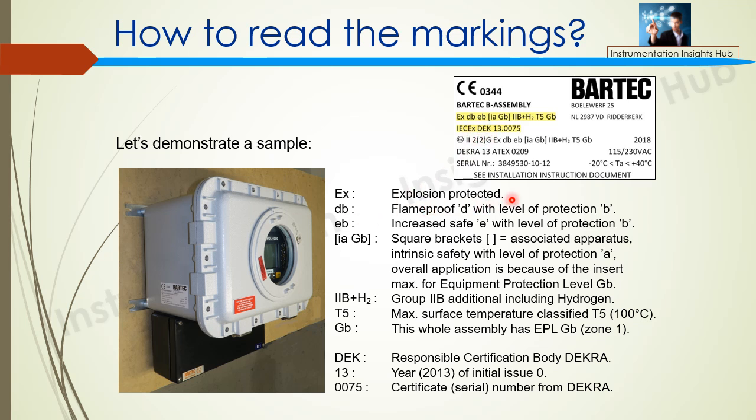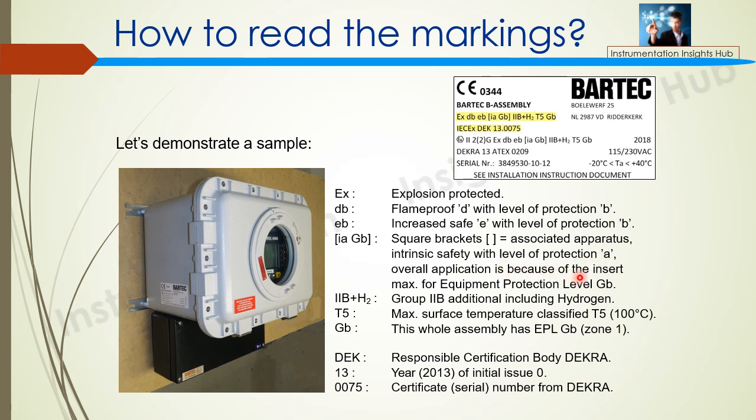Ex db: Ex is explosion protected, all right. db is flame proof, d with level of protection b. Now comes Ex eb, increased safety with level of protection b. This is explosion proof also, and this is flame proof also. And coming to [ia Gb], the square bracket, associated apparatus, represents intrinsic safety with level of protection a.